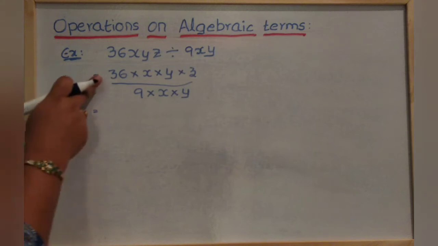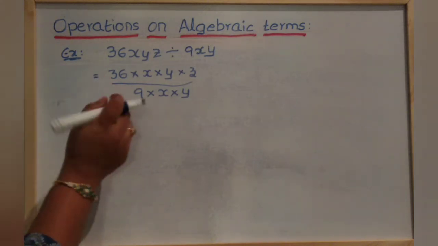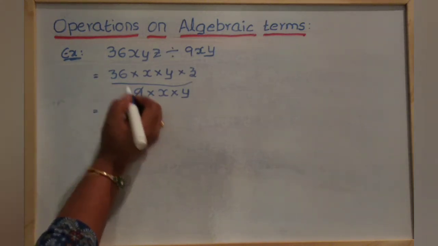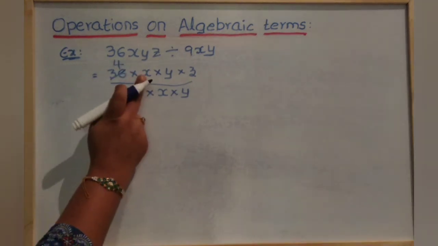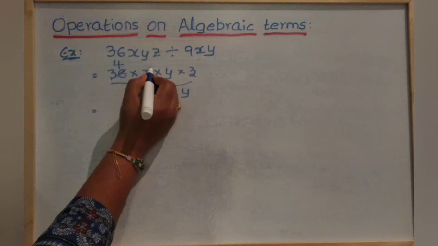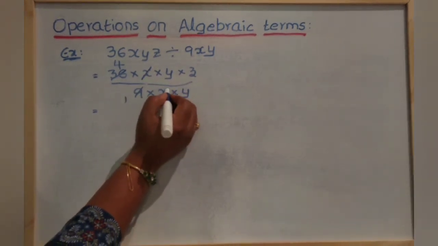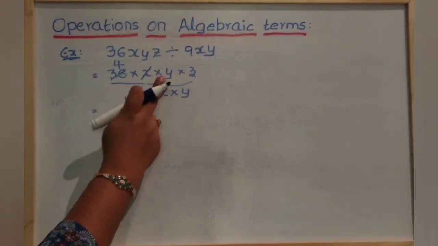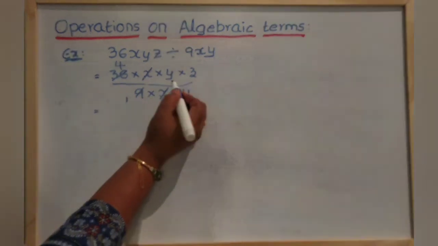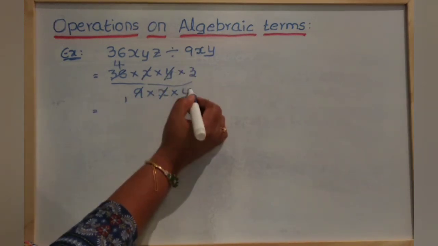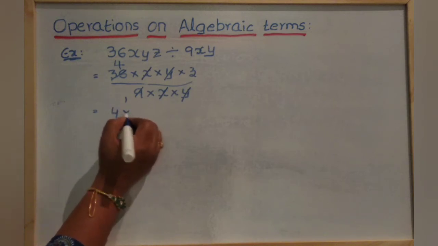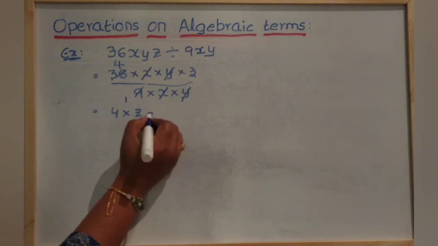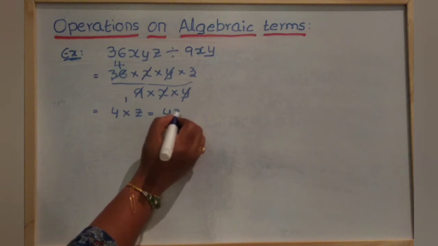Here the constants are divided. 9 divides 36, 4 times. Variable x in the numerator and variable x in the denominator gets cancelled, and y is common in both numerator and denominator, and y gets cancelled. 4 into z, that is equal to 4z.